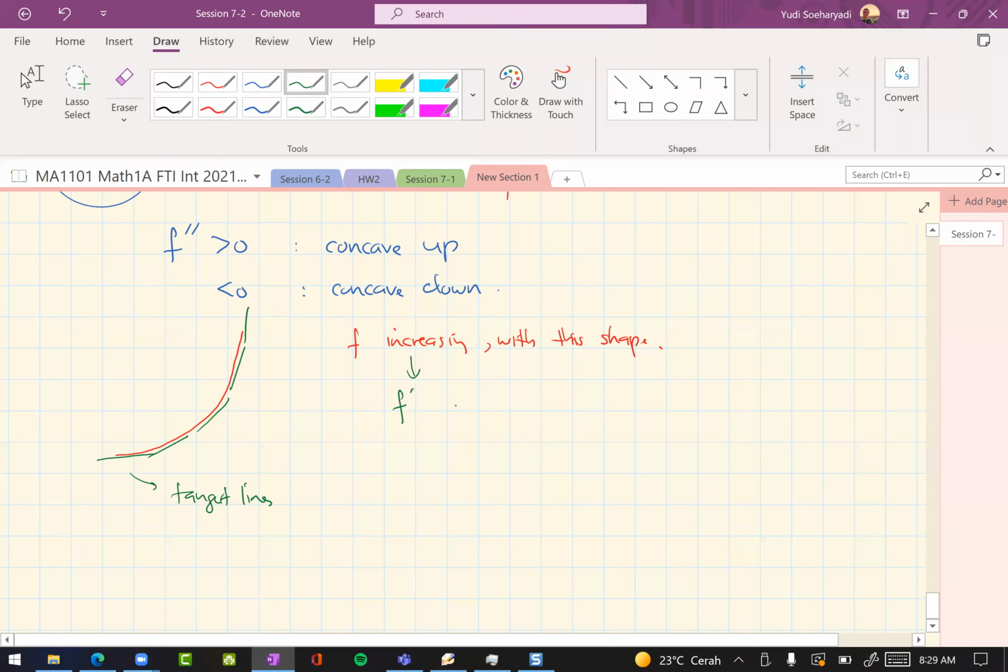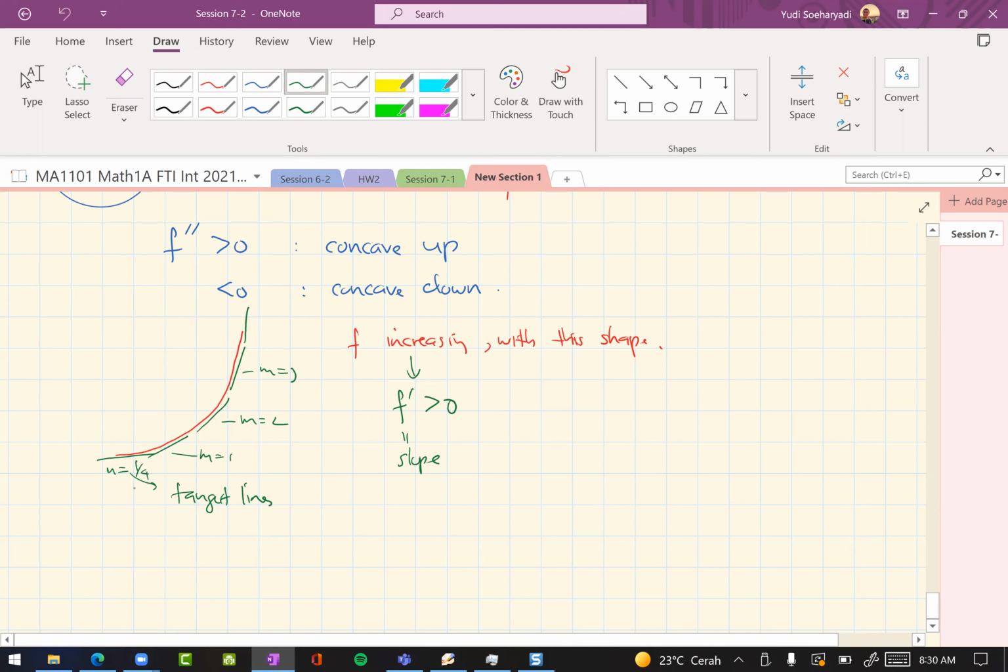This is positive, right? What about the slope? Because f prime is a slope. What can you say about the slope here? Say this is m equals 1/4, this is m equals 1, this is m equals 2, m equals 3.